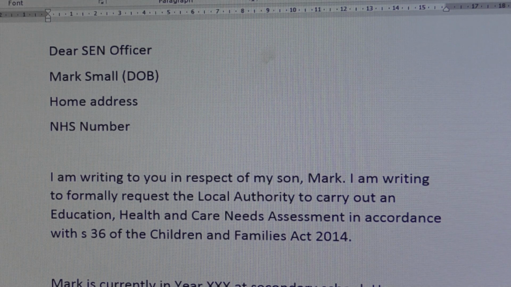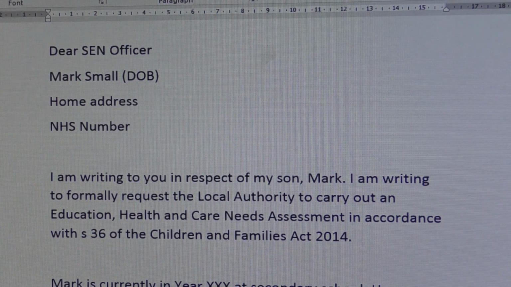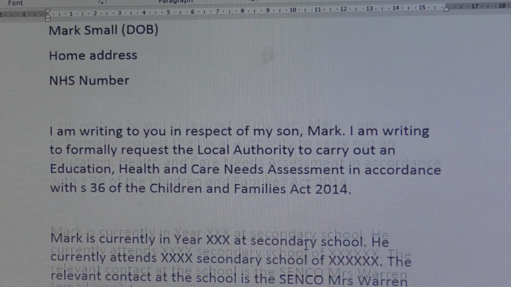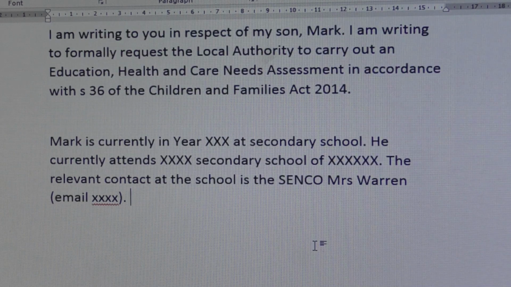Normally that's available. It's always advisable to discuss with schools that you're going to make a request for an assessment so that they know it's coming. So in your letter, you're identifying that at the very beginning, which makes it, as I said, easier for the local authority to follow.